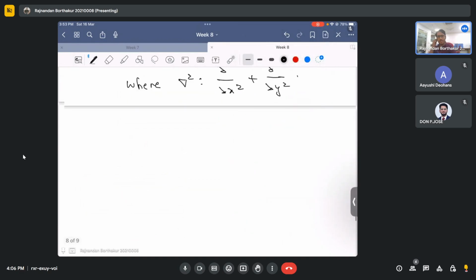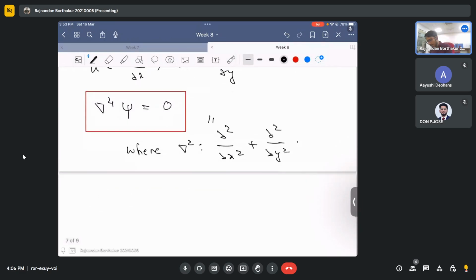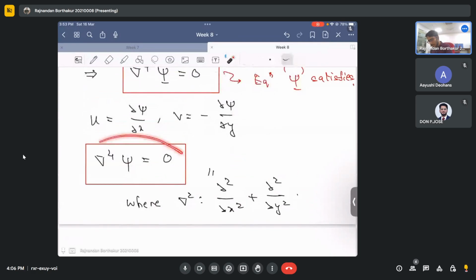I would quickly like to draw a comparison of this with the spherical coordinate system. What I have said is true for a Cartesian system.